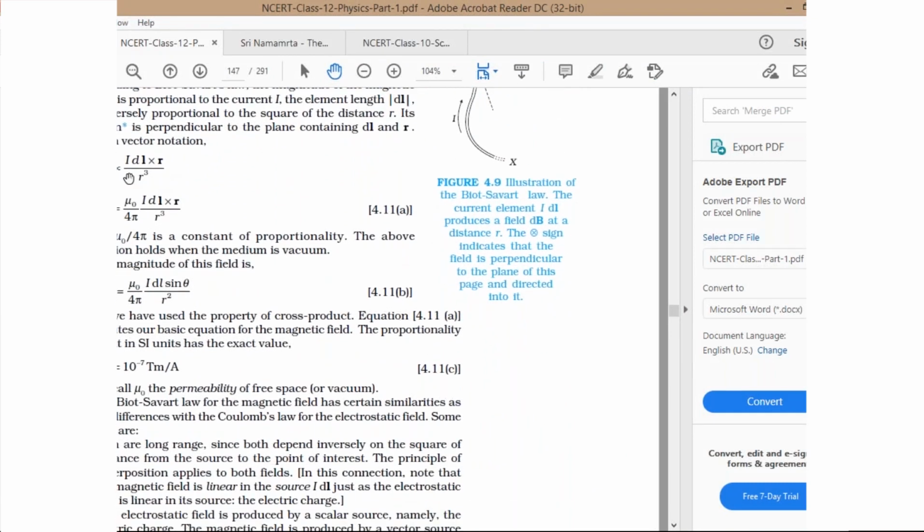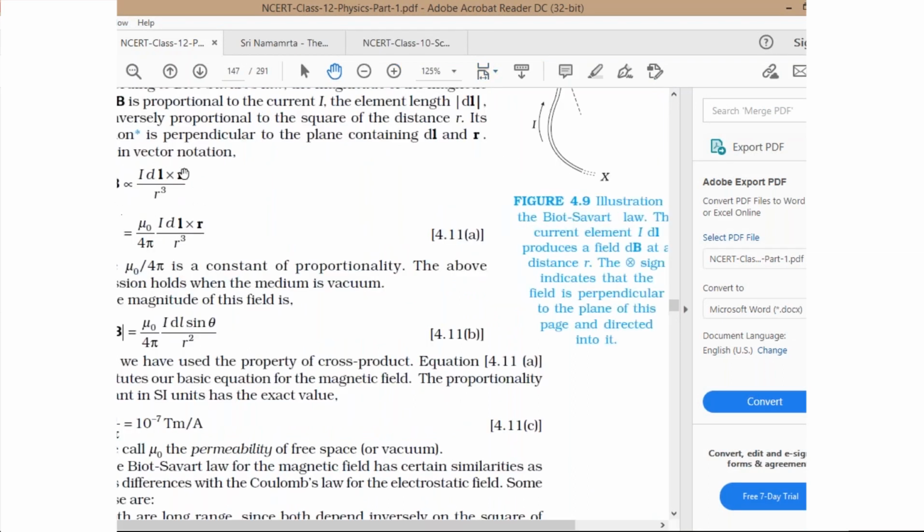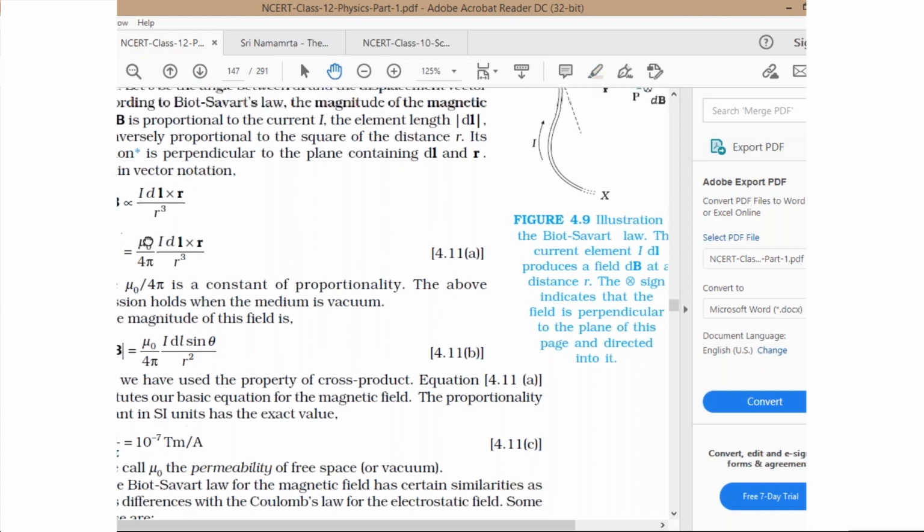Okay, so before I go there, look this, if I make this as an equation, so the proportionality constant comes as mu naught by 4 pi.